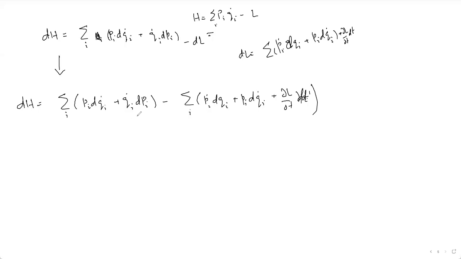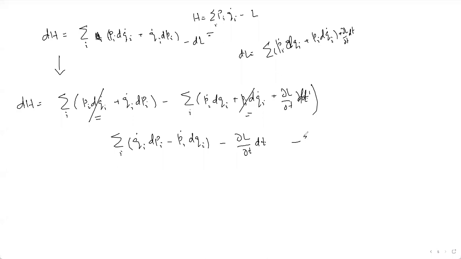If you look at the p_i dq dot i term and this term, one is minus, so these two terms will be gone. I will be left with the summation over i of q dot i dp_i minus p dot i into dq_i, then minus partial L by partial t into dt, right?